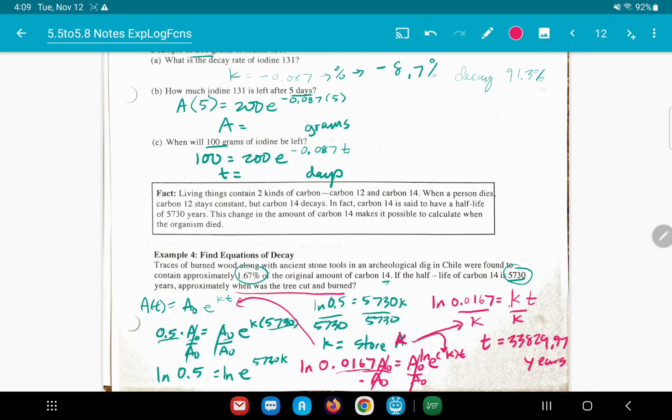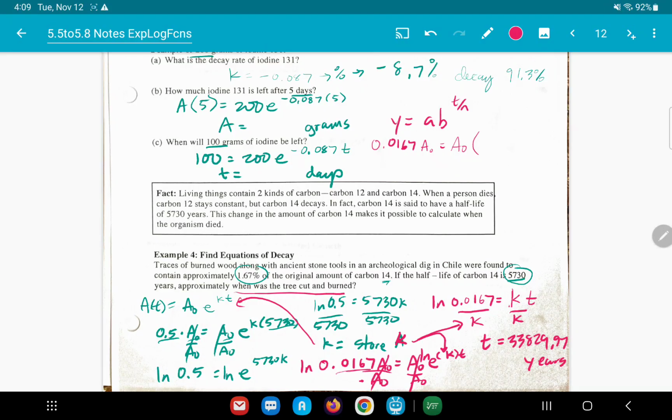All right, let me show you the second way of doing this, using that same formula we had talked about before, how we have y equals a times b to the t over n. You can see based on the information that we have here, what we want is, again, 0.0167 of our original material is equal to the original material.